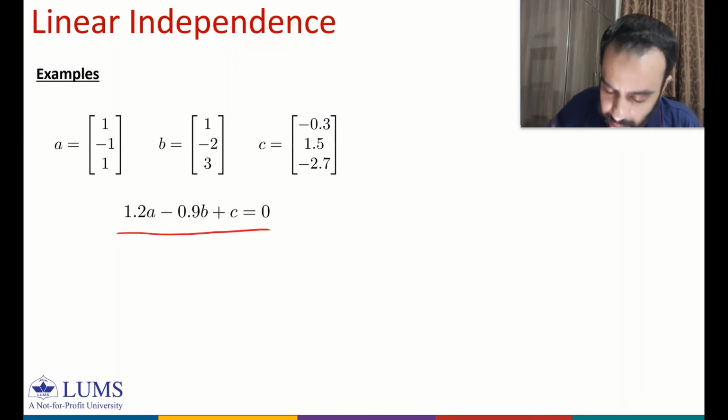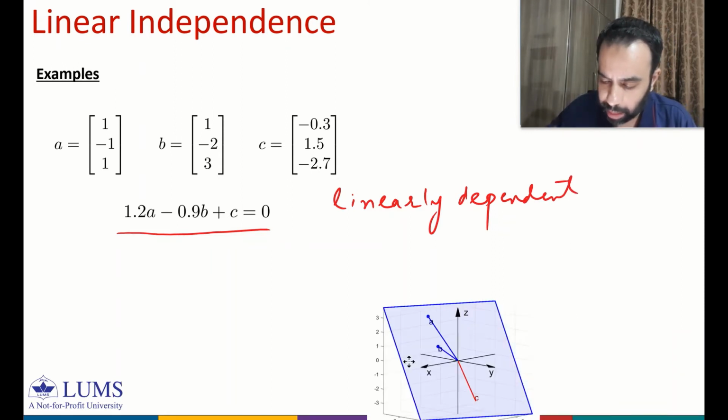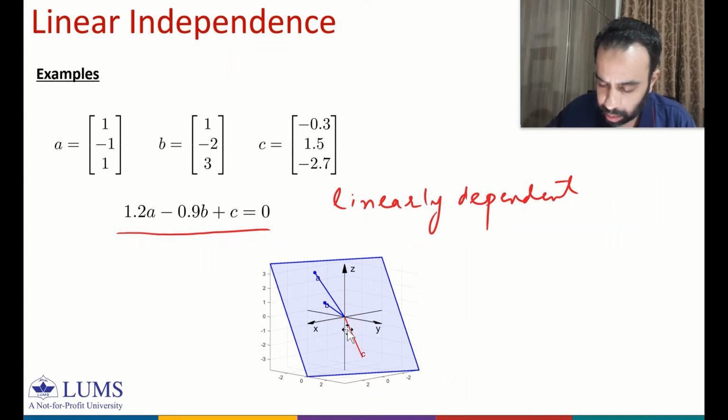we say a, b, and c are linearly dependent. And if we want to show this graphically, that simply means that this is a, this is b, and this is c. So they all lie in one plane, and therefore they are linearly dependent, since c is a linear combination of a and b.